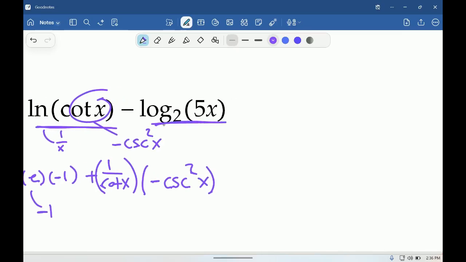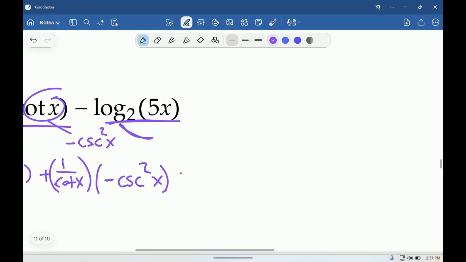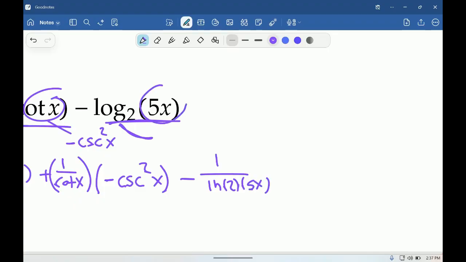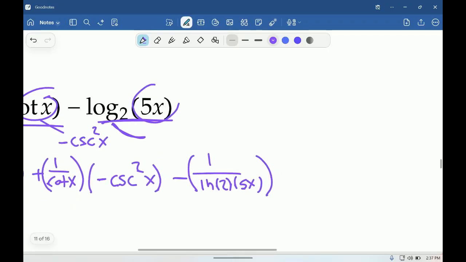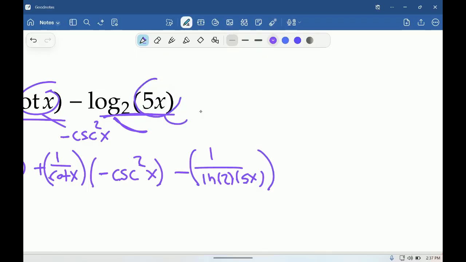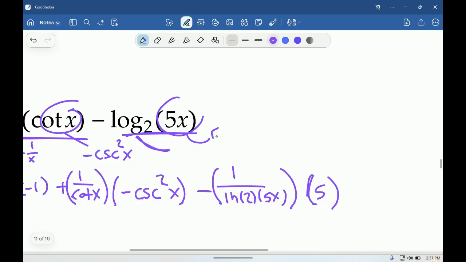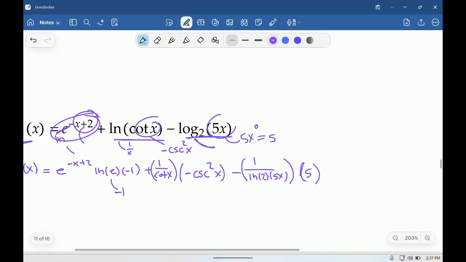And then we need to find the derivative for these two terms. The derivative for log base 2 is going to be 1 over ln 2, and then 5x. We have to account for the 5 of x. And then we need to find the derivative for 5x, which is just going to be 5, because 5x to the 0 is 5.